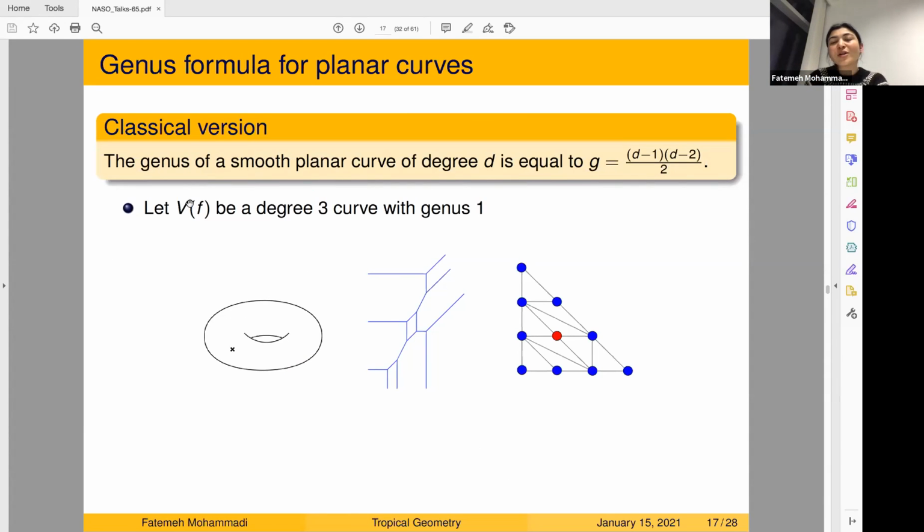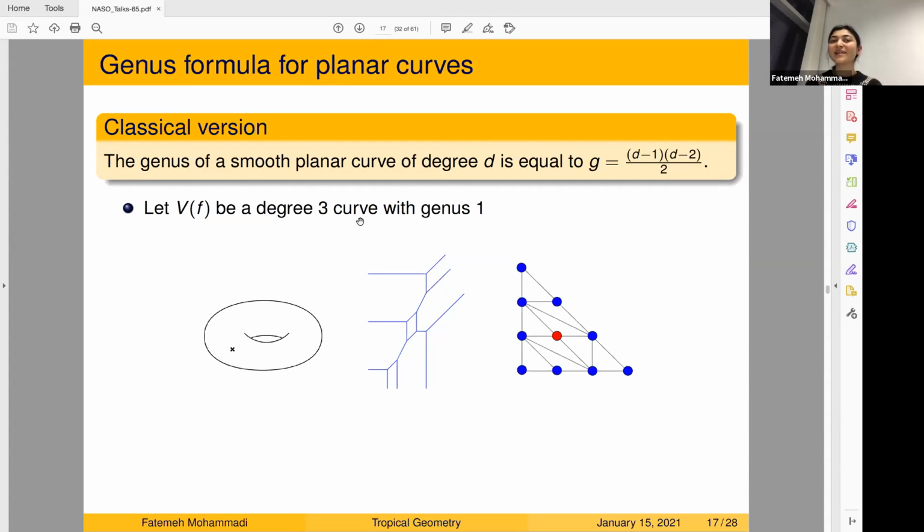Now I would like to show you that this combinatorial observation that we had, which was quite simple, going from a tropical line, from such a picture, to this dual polytope, has many nice applications in classical algebraic geometry and tropical algebraic geometry. Namely, let me first tell you the classical version of the theorem. By that, I mean the statement coming from algebraic geometry, and the tropical version, which would be more combinatorial, using this sort of polytope.